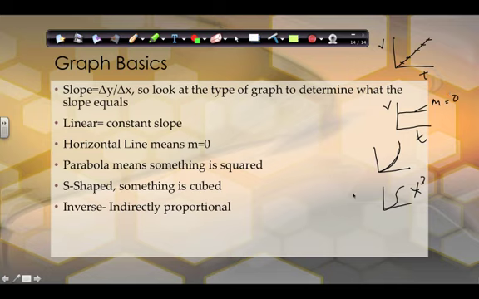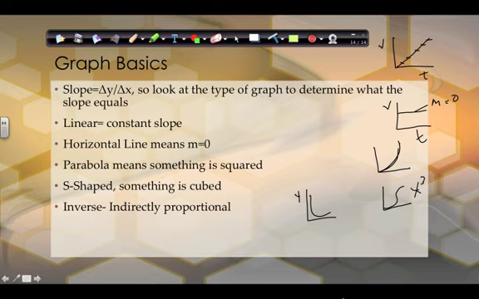Now, another thing that you might see is an inverse relationship. An inverse relationship is going to look like this. That means that as something decreases, something else is going to increase. So basically, as y decreases, x will increase.